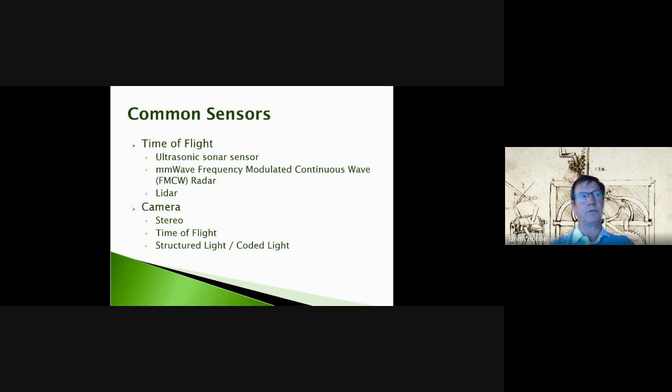Those pixels are a 2D array, so we're getting a flat image out. We can perceive depth using stereo, two cameras separated by a little distance, and then we can do some disparity map work.